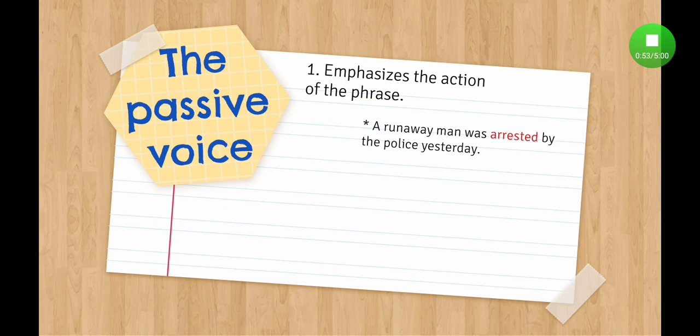A runaway man, in this case, is the object of the sentence. And in this case, we focus and emphasize the object. So this is why the runaway man is at the beginning of the sentence. A runaway man was arrested by the police yesterday.